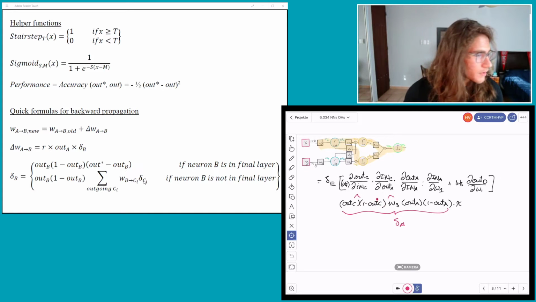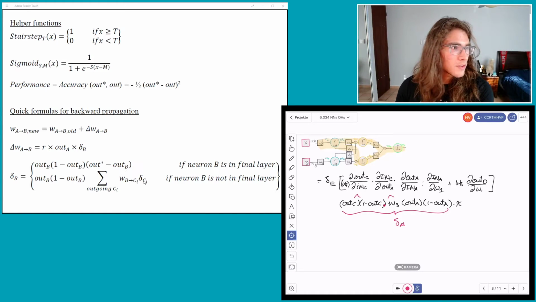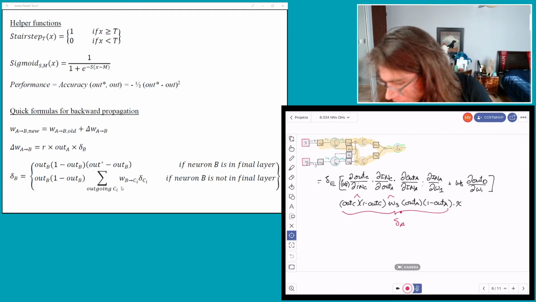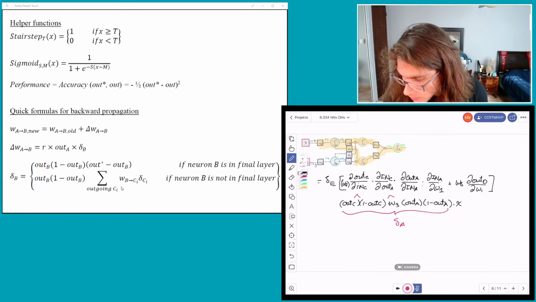So this, let's see. The only thing that we're missing now is the sum, because recall that this is a sum, and the outgoing connection here, there's the weight W3 going to node C, but then there's also W4 going to node D, and that we're going to get from over here.